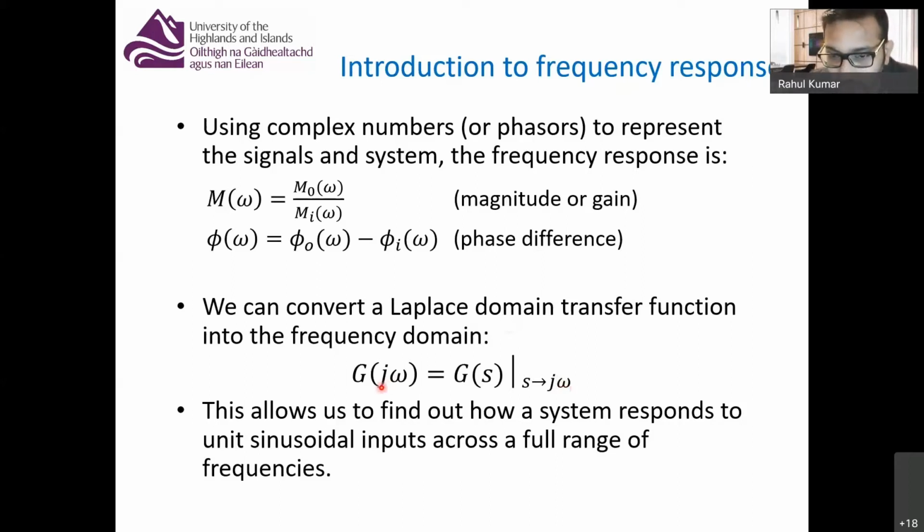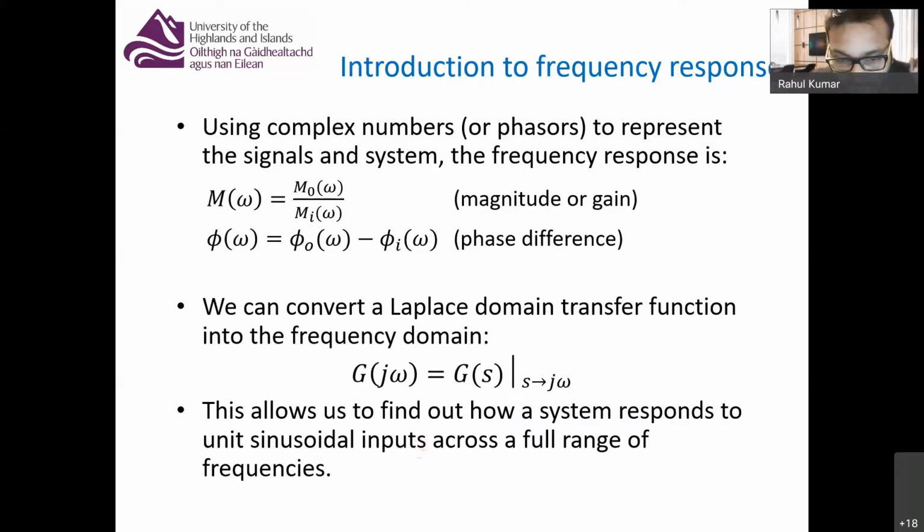So this allows us to find out how a system responds to a unit sinusoidal input. A unit sinusoidal input is a sine wave with unit amplitude.